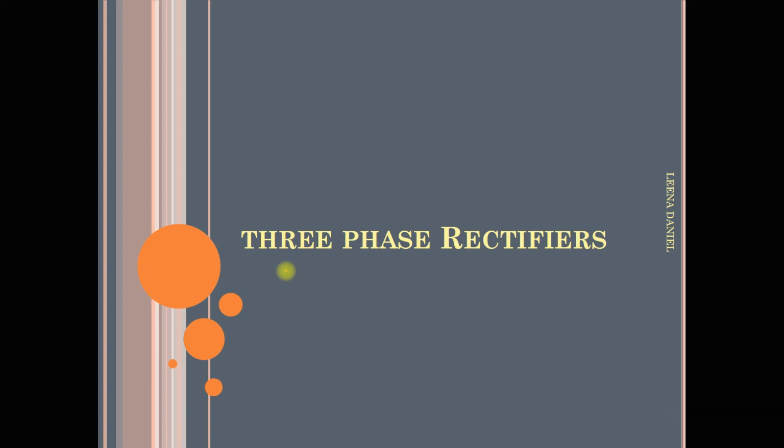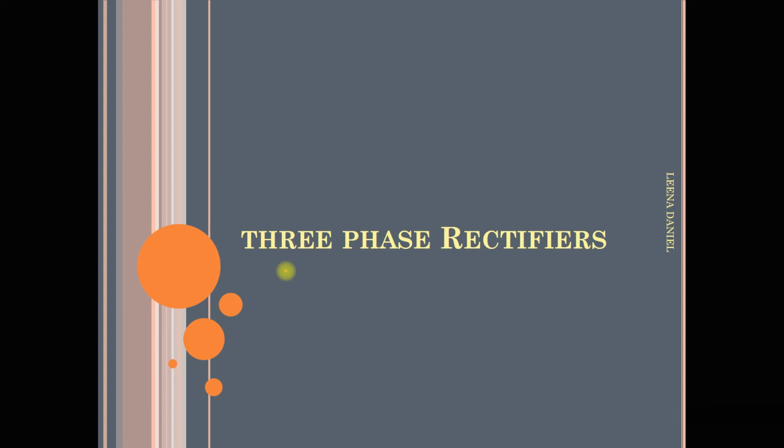We get the full pulses, and even if we are using half wave rectification in three phase circuits, the efficiency of the circuit would improve. That's why, instead of single phase rectification, for industrial purposes we use three phase rectification.